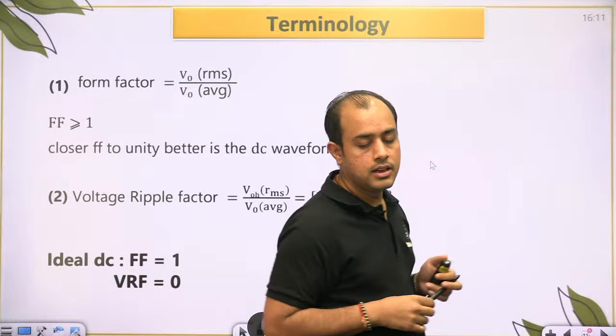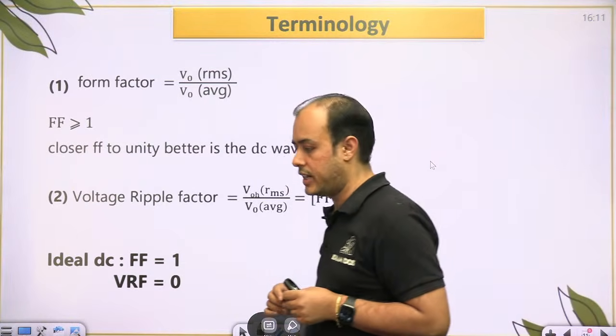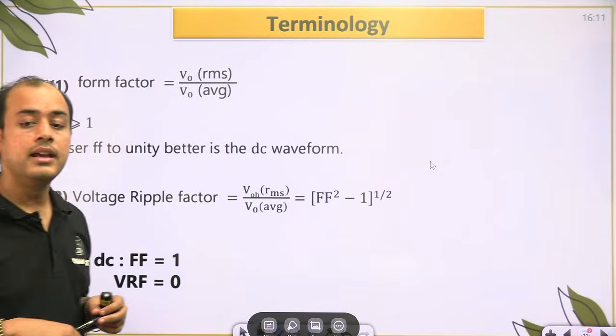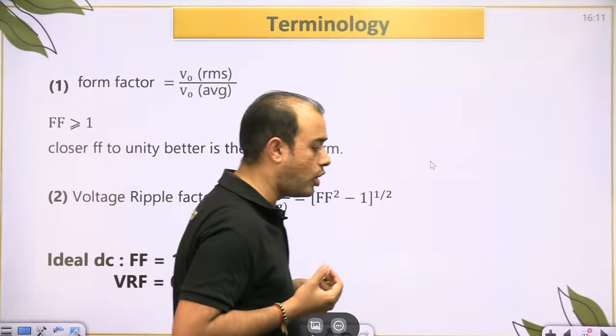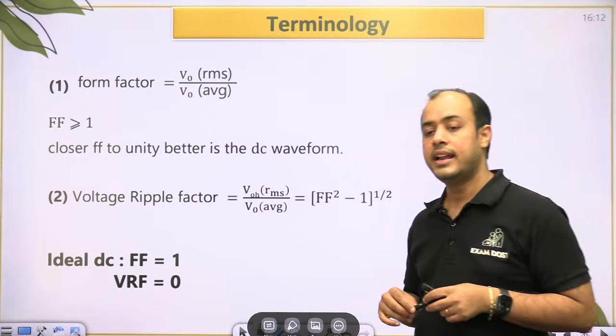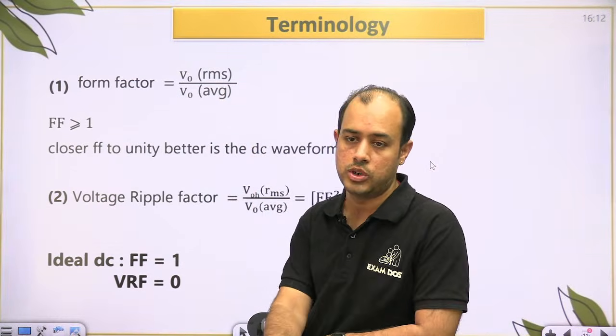चलिए, so first let me teach you the basic terms of a rectifier. The first term is called the form factor. It is basically seen on the DC side or the output side of the rectifier. It is the ratio of the output RMS voltage to the average voltage.